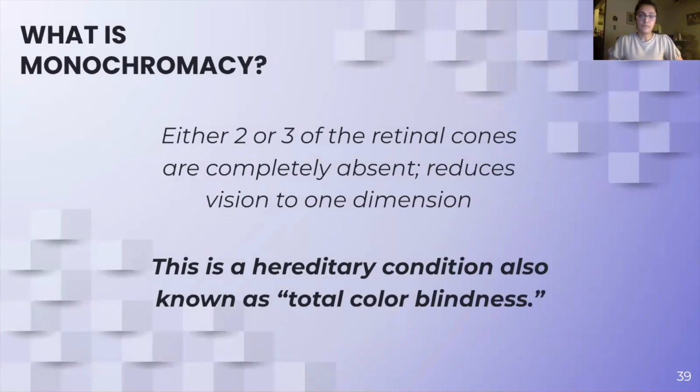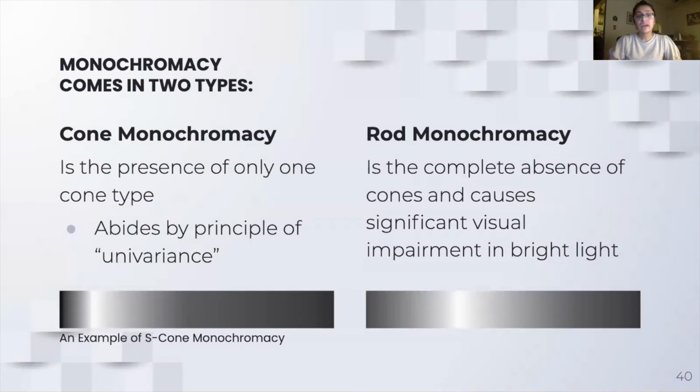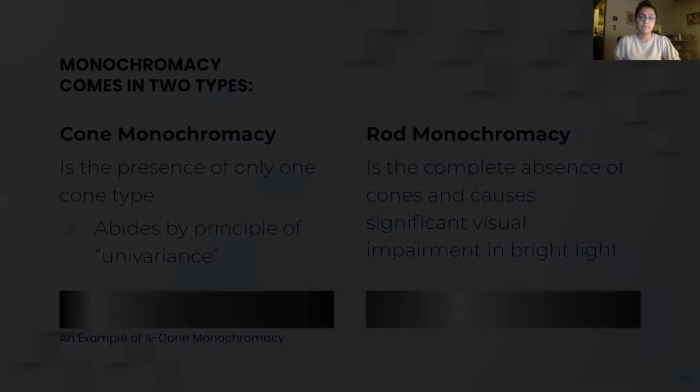Now, monochromacy is when either 2 or 3 of the retinal cones are completely absent, and it reduces vision to 1 dimension. This is a hereditary condition also known as total color blindness. And it comes in 2 types: cone monochromacy, which is the presence of only 1 cone type, or rod monochromacy, which is the complete absence of cones, and it causes significant visual impairment in bright light.